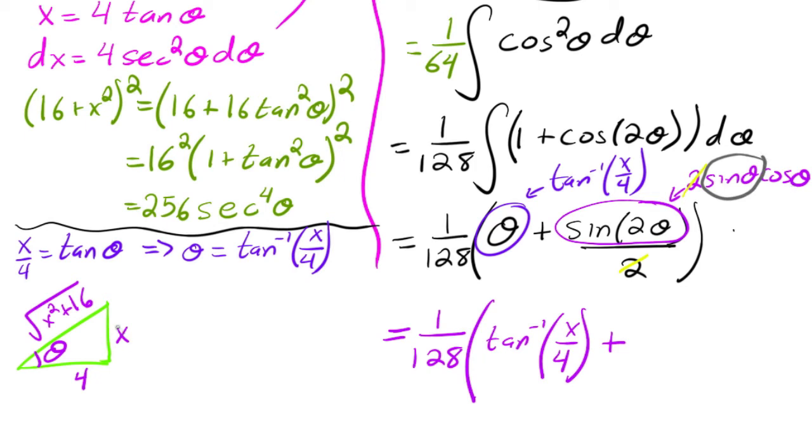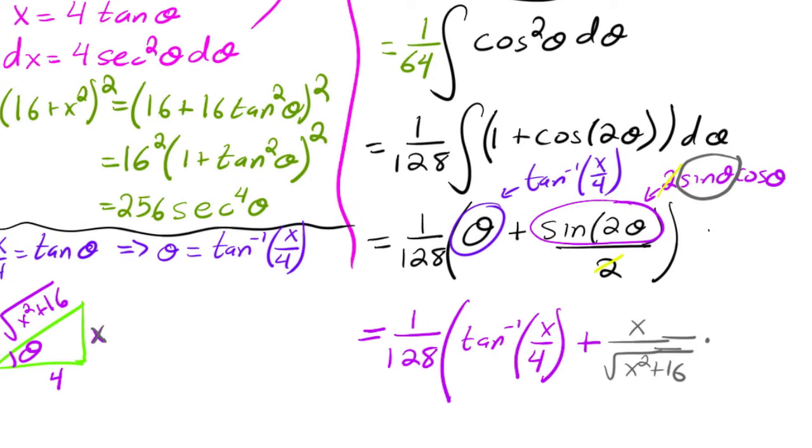So sine of theta is x over the square root of x squared plus 16, times cosine theta, which is 4 over the square root of x squared plus 16. All right, and then I need to evaluate this.